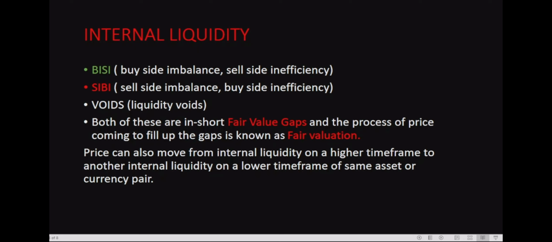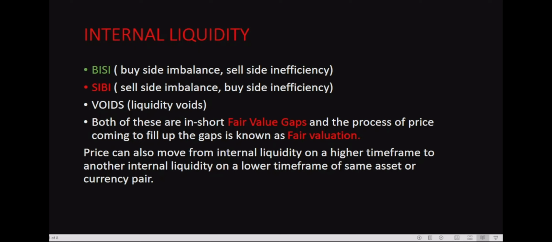So moving on to the next point I have on my screen, both of these are in short fair value gaps, meaning the buy side imbalance and the sell side imbalance. Why are we using buy side? Why are we using all this language? Because we want to pinpoint what exactly we are looking at. We are not just saying fair value gap. What fair value? What gap?